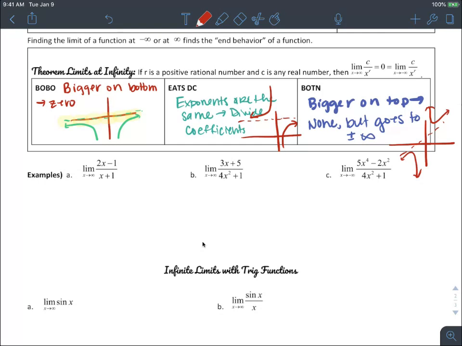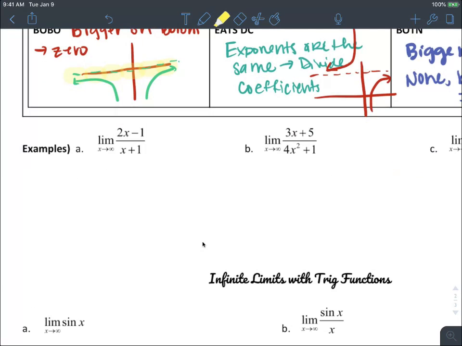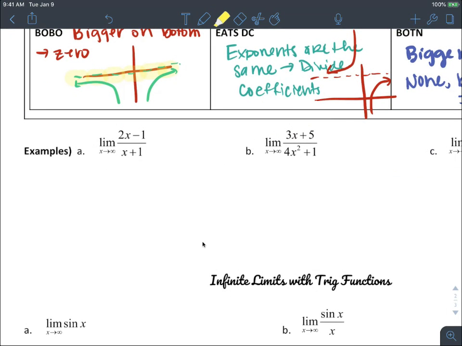Okay, so on the ends, you're going towards infinity and towards negative infinity, depending on if you're on the left or the right. So let's talk about how to figure out the limit using some algebra. So the limit as x goes to positive infinity of 2x minus 1 over x plus 1, the exponents are the same.